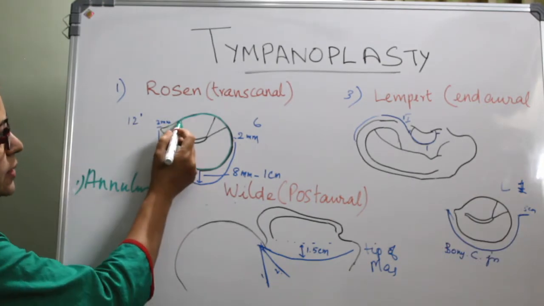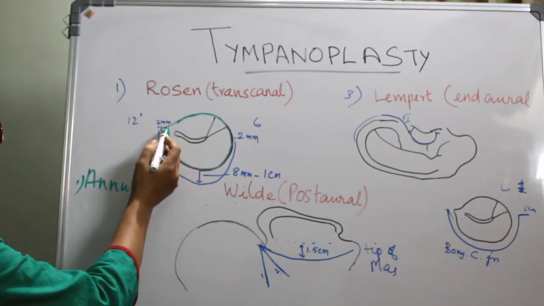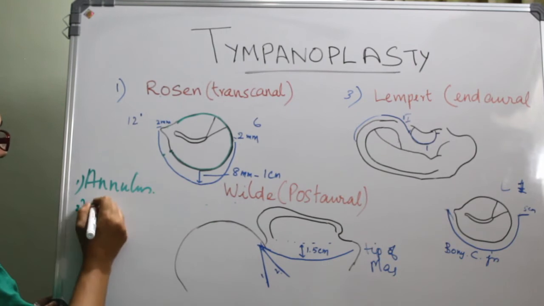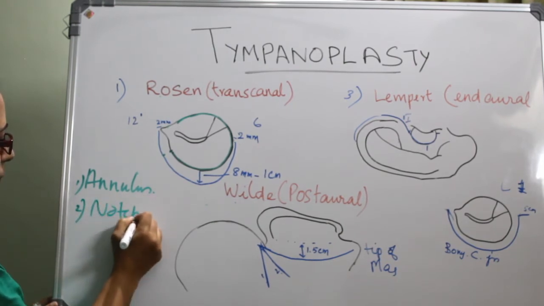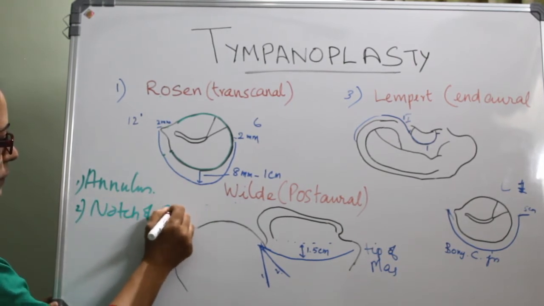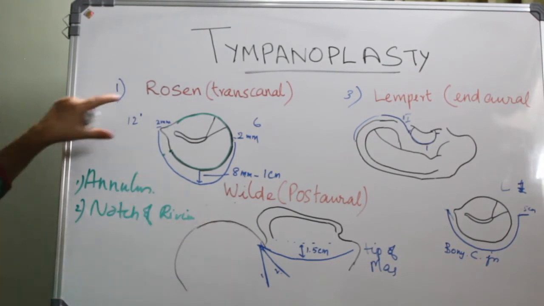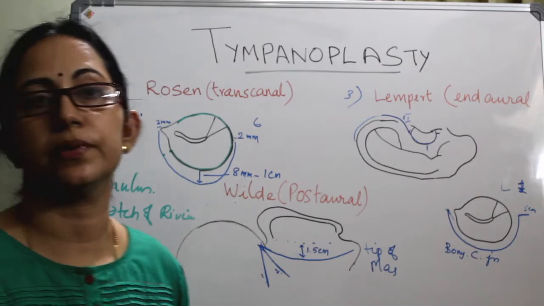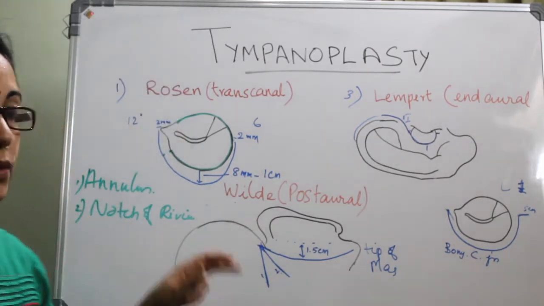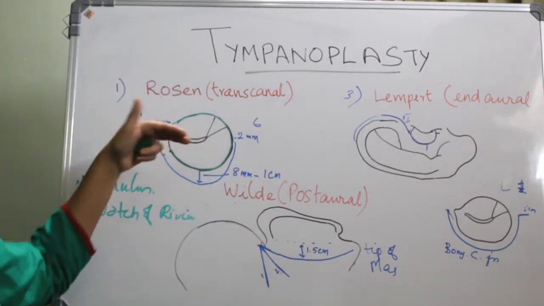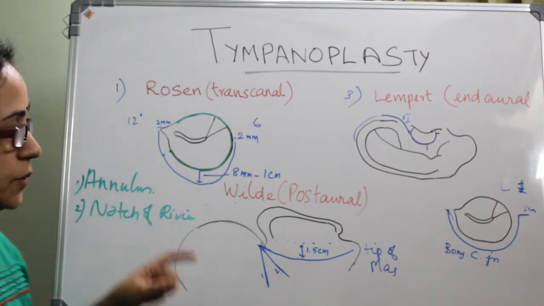This annulus is deficient superiorly, and this part is called the notch of Rivinus. Locating the notch of Rivinus will guide the surgeon to find the plane of elevation of the annulus easily. So that is important.